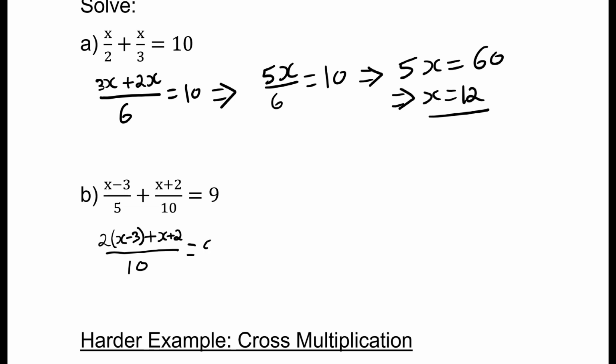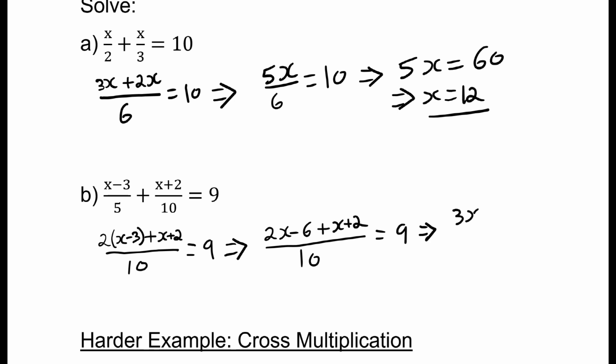That equals 9. Let's neaten up the top a little bit. So I've got 2x minus 6 plus x plus 2. I've just expanded the first bracket, or the only bracket, over 10 equals 9. We have 2x plus x is 3x, minus 6 plus 2 is minus 4, over 10, and that equals 9.